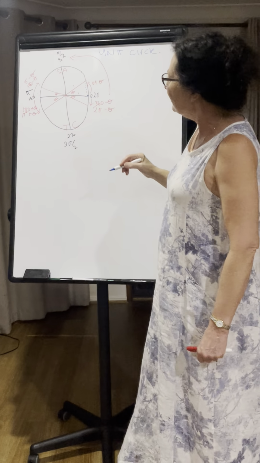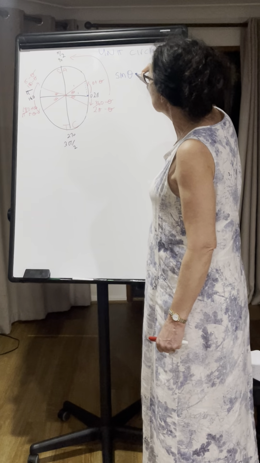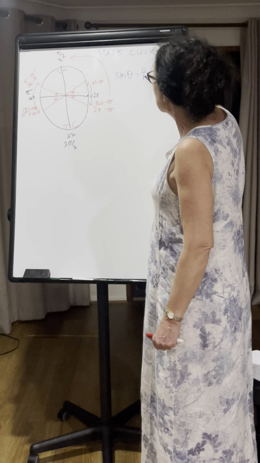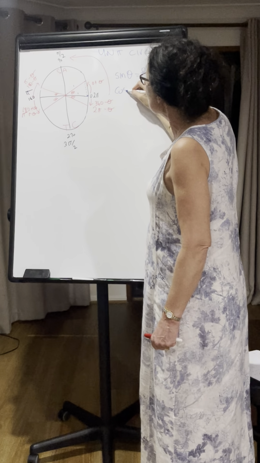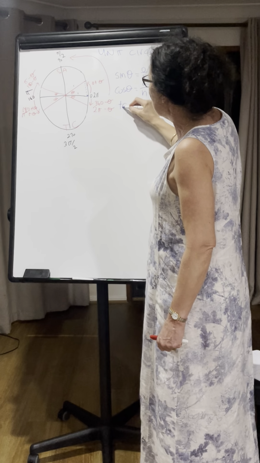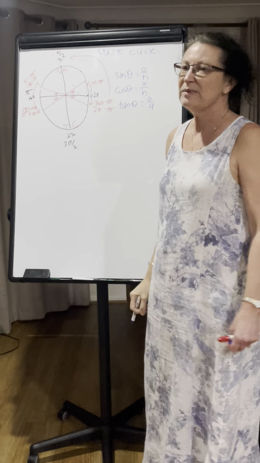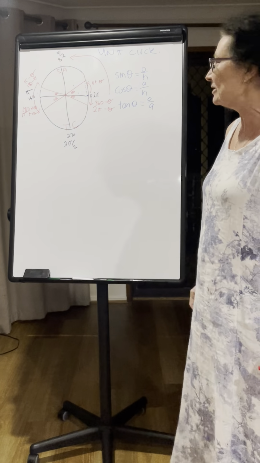Now, if we have a look, we know the trig ratios are sine theta is O over H, cos theta is A over H, and tan theta is O over A. Now we know that from year 8 onwards, or 9 onwards, one of those.